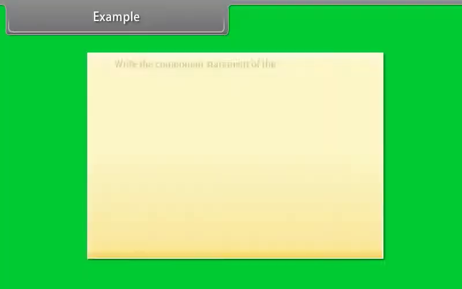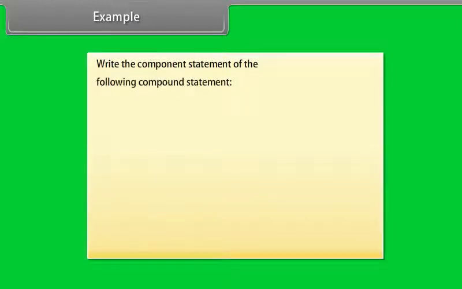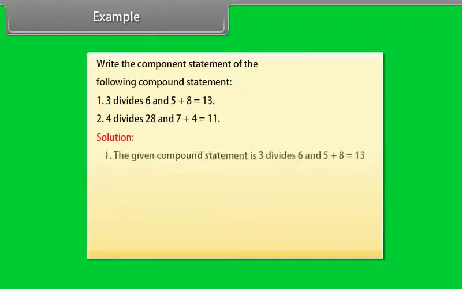Example: write the component statements of the following compound statements. 1. 3 divides 6 and 5 plus 8 is equal to 13. 2. 4 divides 28 and 7 plus 4 is equal to 11. Solution: 1.